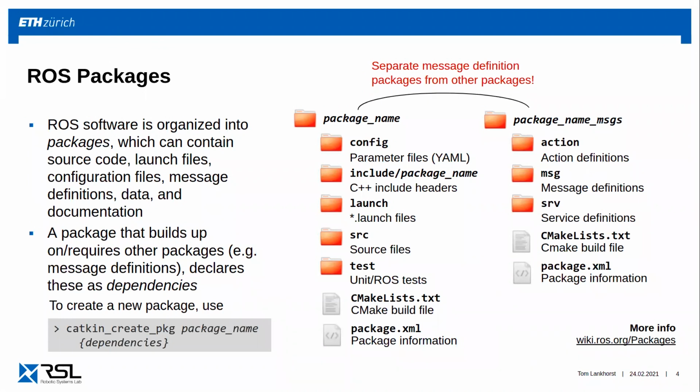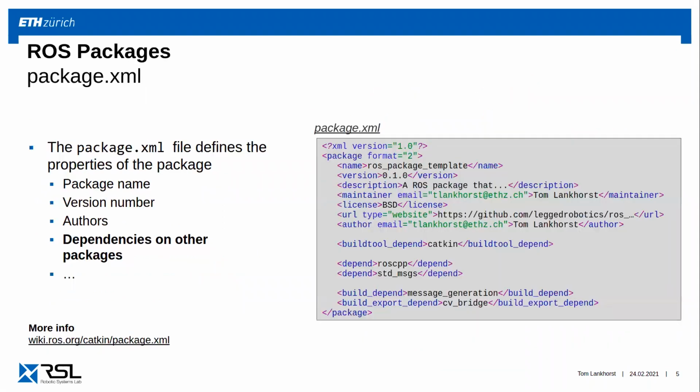There is the tests directory, which contains unit tests, feature tests, which would allow you to test your package. Central to the package is the CMakeLists file and the package.xml. I will go through them in the next slides.